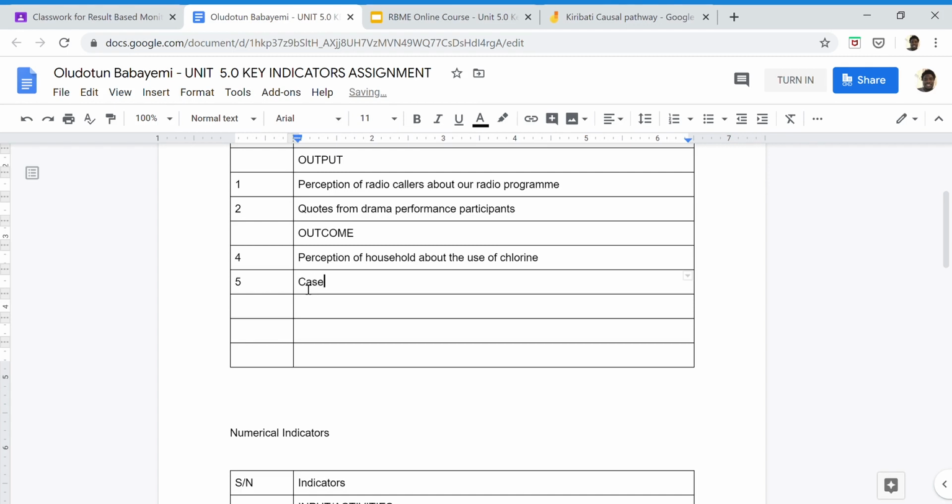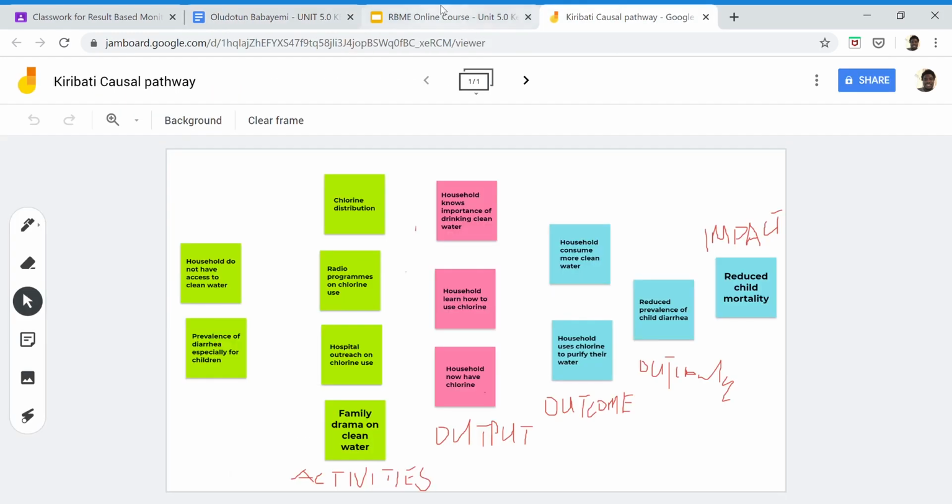You can have cases of things where, maybe potentially, cases of a household that used to have diarrhea maybe 3 months.